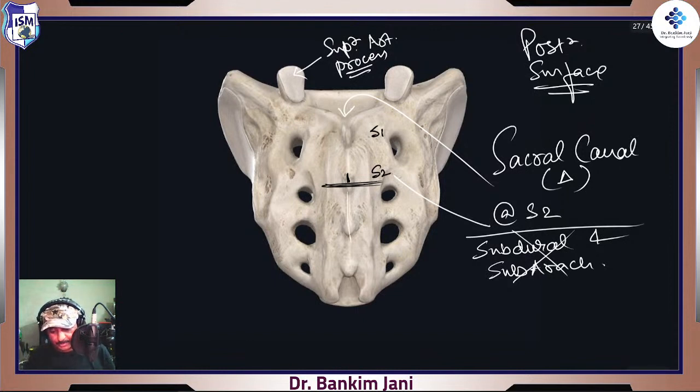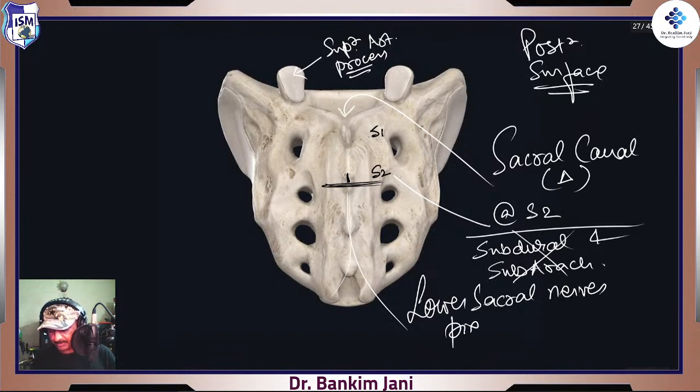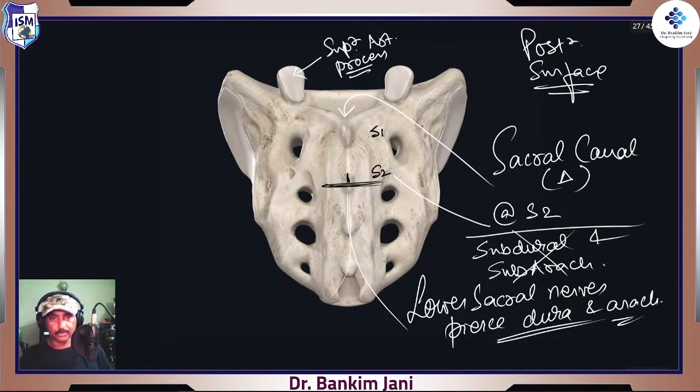So over here, all those nerves which will be coming out will pierce. It is only the lower sacral nerves, none of the other nerves, that pierce the dura, and obviously if they are piercing dura, also the arachnoid. That's the important part.